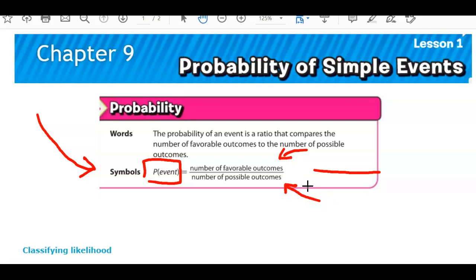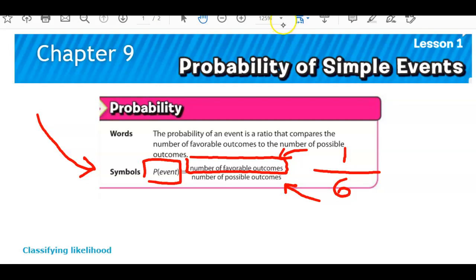So if we were talking about rolling a die and getting a 5, the only way you can get a 5 is if you land on a 5, so there's only one way to do it. And there are 6 possible outcomes. You can get a 1, 2, 3, 4, 5, or 6. So the probability would be 1 over 6.